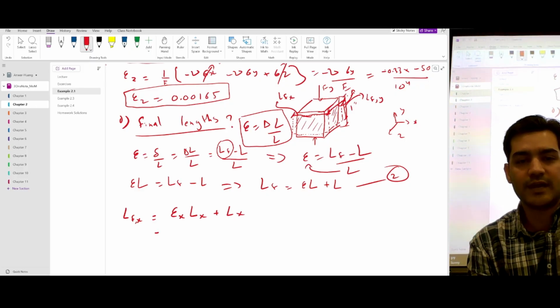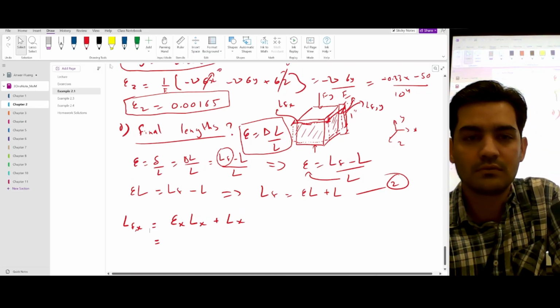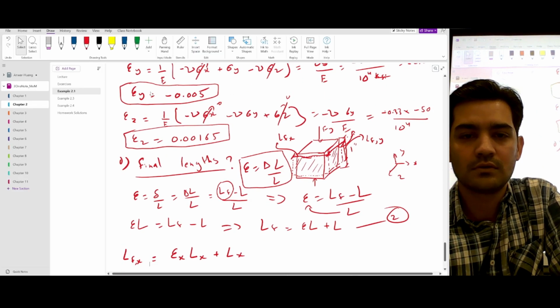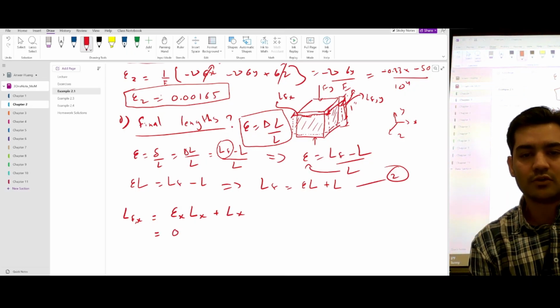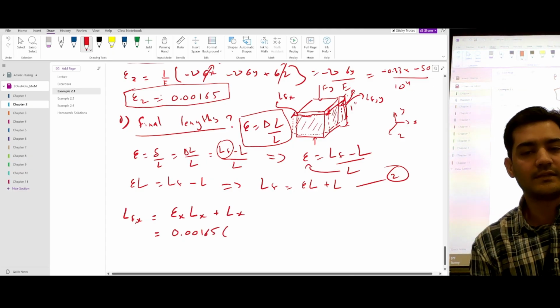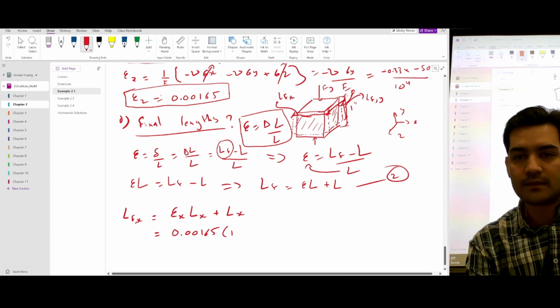So what is the strain in x direction? The strain in x direction is 0.00165, and the length in x direction is the same everywhere, 1 inch, but we are talking about the original length.